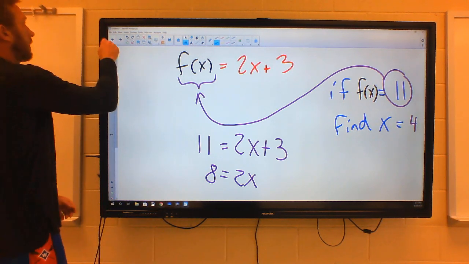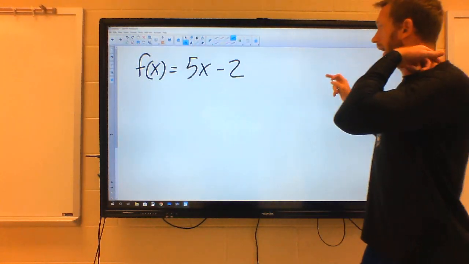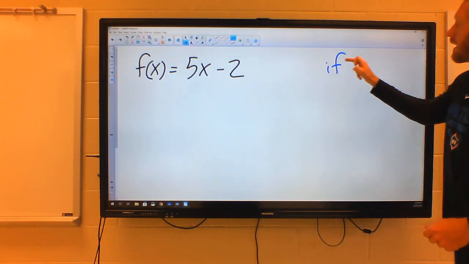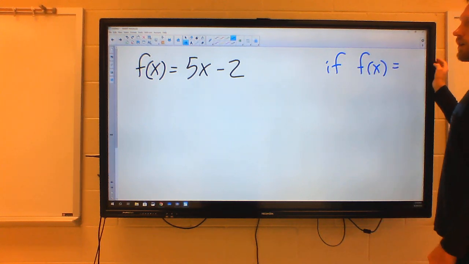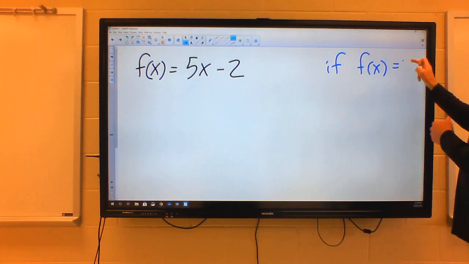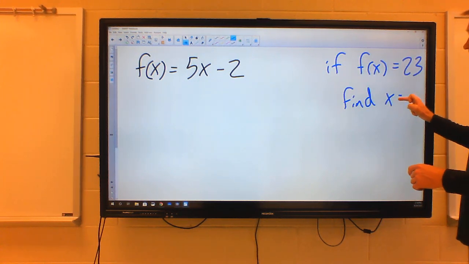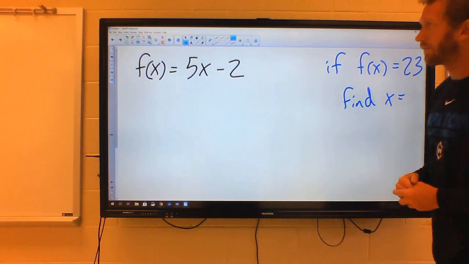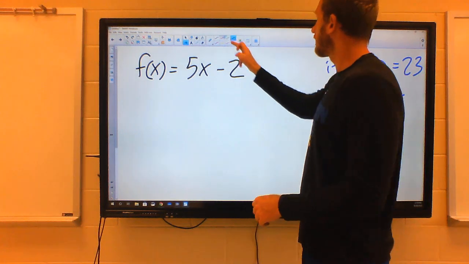So, now let's try practicing that. Here's f of x, our same function we had been using. Let's say if f of x equals, I don't know, let me try one off the top of my head, 23. Find what x equals. Pause it and solve. Okay, unpaused now, hopefully.